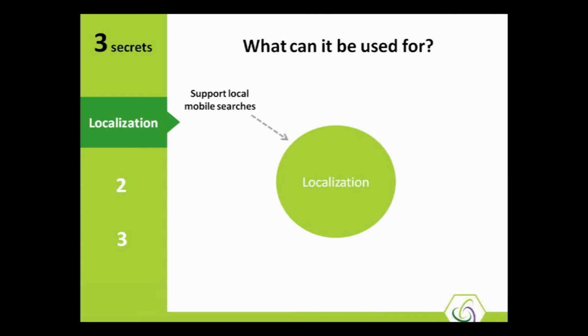That's the localization we are referring to. So when you are creating an application, always think how you can localize it. That's one of the biggest success factors for an application.